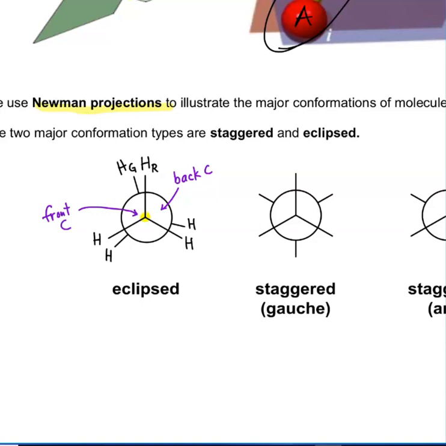Notice also that when I showed you the model, this bond here was directly in front of this bond here. But we can't draw that in a Newman projection because we can't draw a line behind another line. So you have to offset the line on the back carbon and just put it slightly to the right or to the left of the bond coming off of the front carbon.